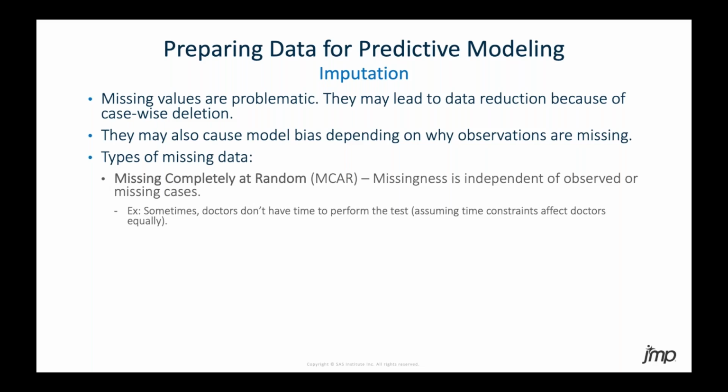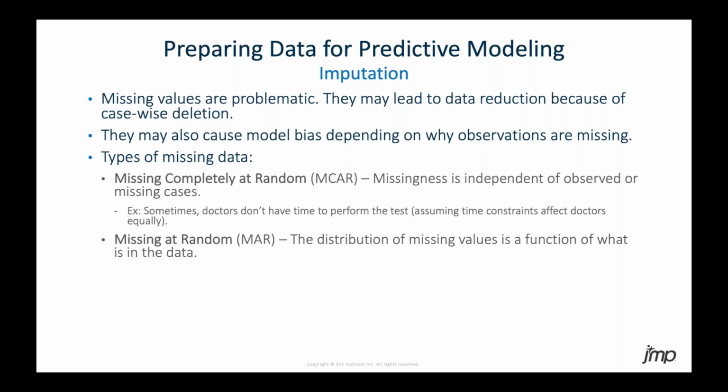It's the most restrictive case in the sense that it's saying that there's absolutely no relationship between the missing data and the complete data. The second case is missing at random. This is what probably happens most often with missingness, and that is when the distribution of the missing value is some function of what's in the data. So what I can do with missing at random is that I can predict the values of the missing observations, given what I already have in the data.